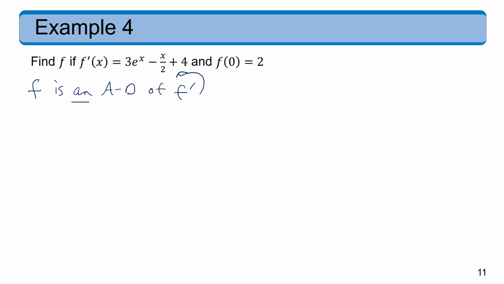Now, how are we going to choose which one? Well, this condition will help us determine which antiderivative. In other words, what constant to use where we have plus c. So we're going to use this to help pick the correct antiderivative.